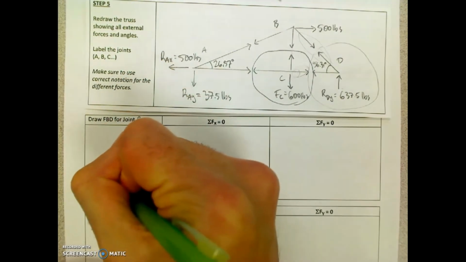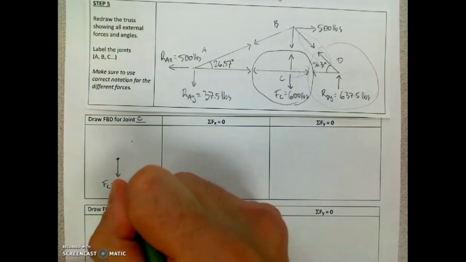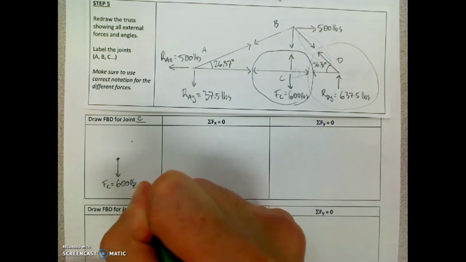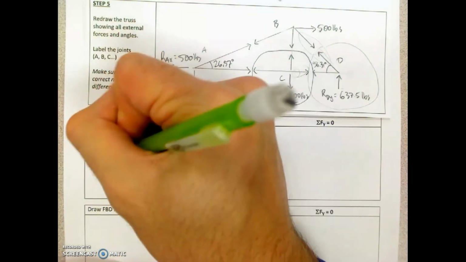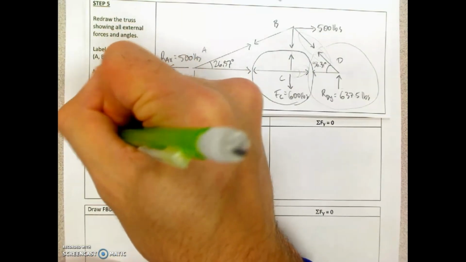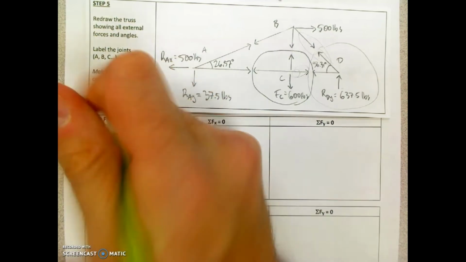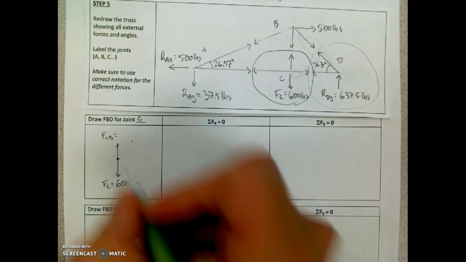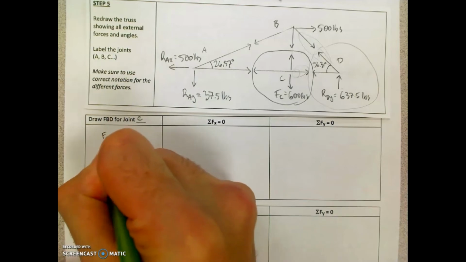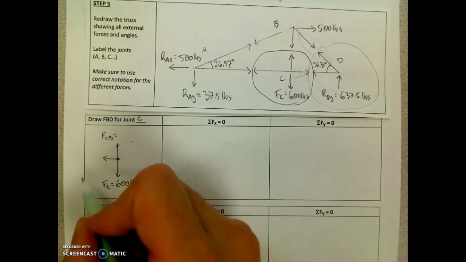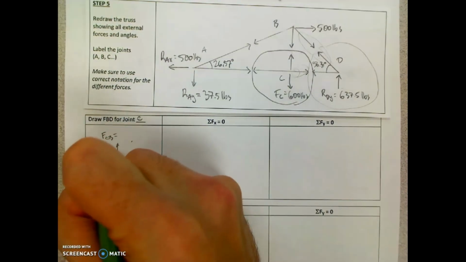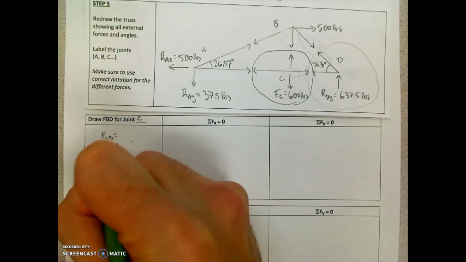So we have the force on C was 600 pounds. We've got force of, what is that, CB equals something, we're not quite sure what. We've got a force going to the left, which is FCA.